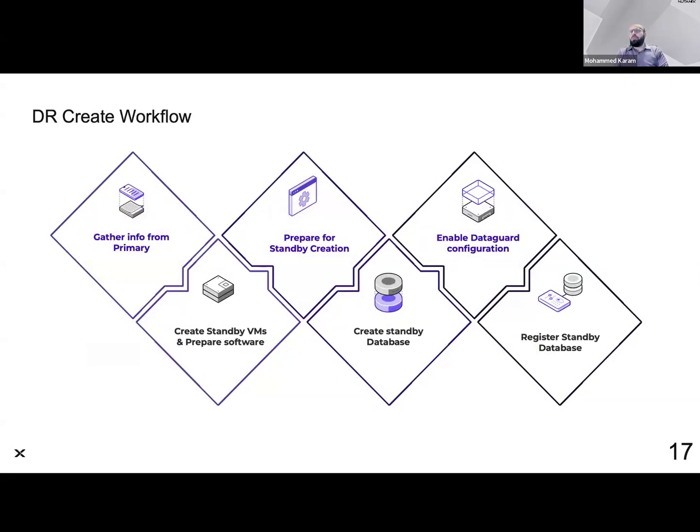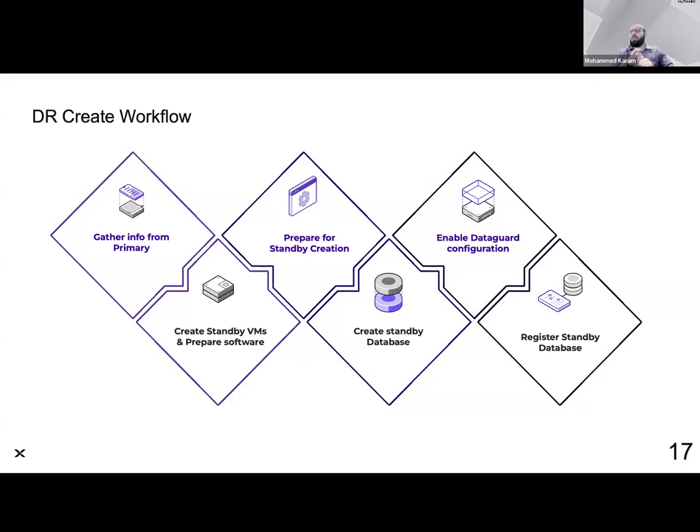Perfect. So I'll walk you through this in the demo, but basically what's happening is, for your workflow to create a disaster recovery configuration, the number one thing that needs to happen is when you've identified a primary, we collect a set of information from that primary database that is then used to help define the topology options that you can select for the rest of the topology.